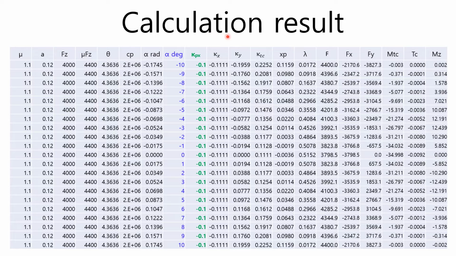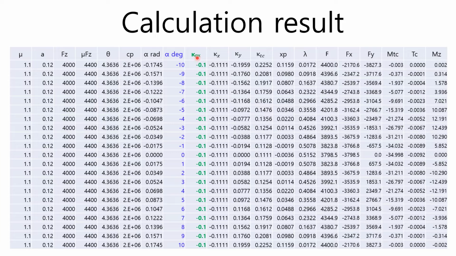The table here shows all the results obtained so far at once, as described above. By replacing the side slip angle alpha degree and the longitudinal slip kappa px with new ones, we can obtain all the data of the graph we want to make. For example, by replacing the longitudinal slip kappa px with a new constant value, the longitudinal slip constant diagram for different values of longitudinal slip can be obtained.